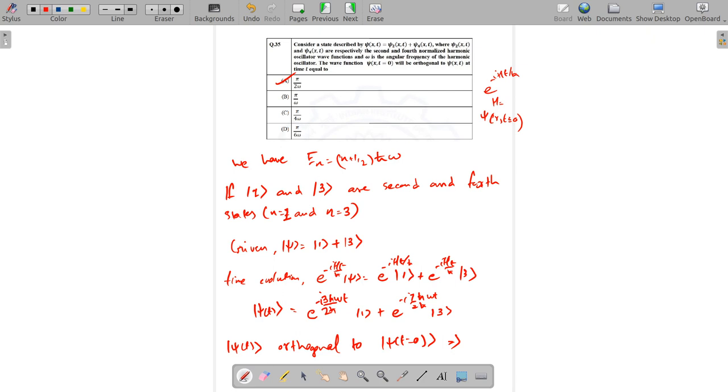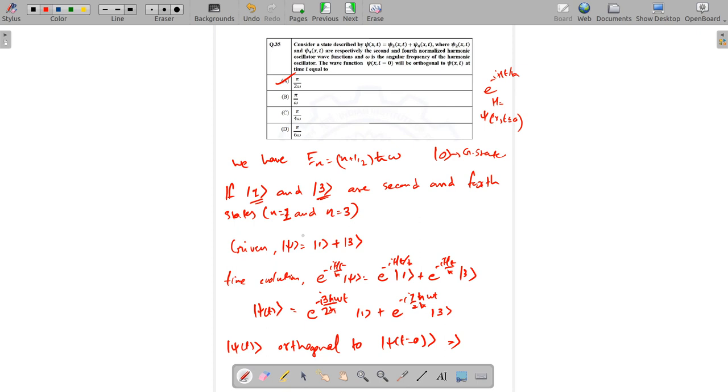Given that psi 1, psi 2 and psi 4 are the first, second and fourth eigenstates, the first excited state I am denoting with 1, and the third excited state I am denoting with 3. So basically we are denoting it with the value n. n equal to 0 will be the ground state. You start from 0 and you will get this.